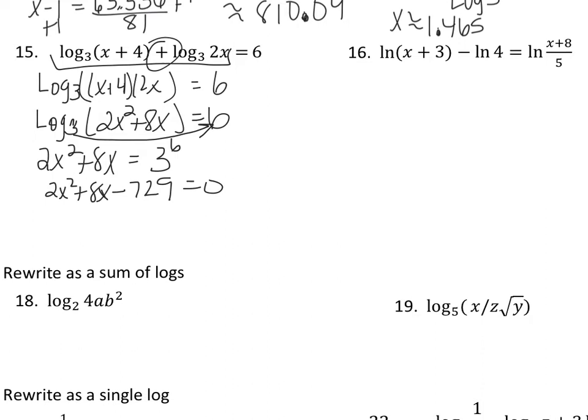Let's see if we can factor it. 2x and x. 729 is, so it's 8 times 9, 81 times 9, or it's 27 times 27, but those aren't going to get us 8.